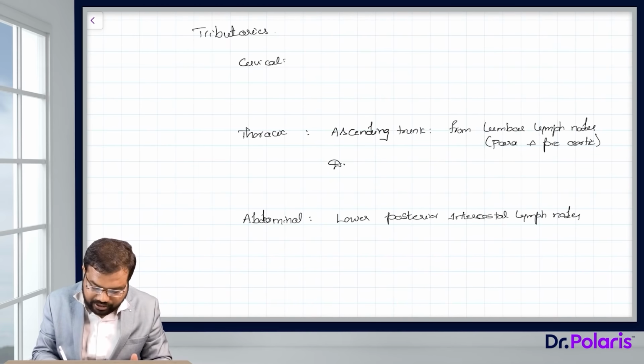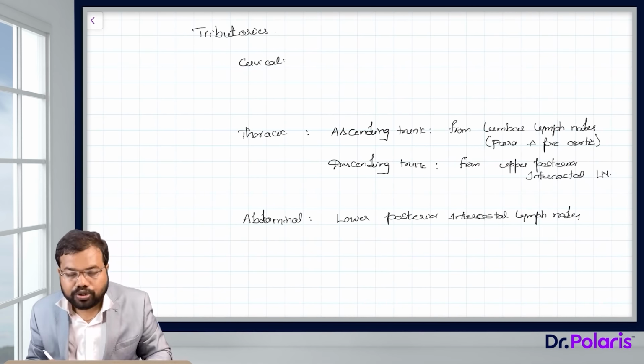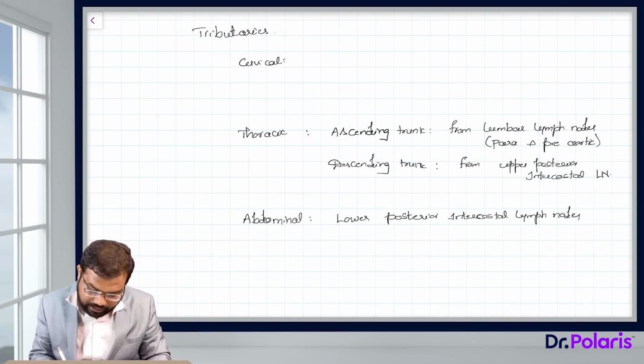Whereas the descending trunk is another trunk which is present, and it collects the lymph from upper posterior intercostal lymph nodes. LN means lymph nodes. And one more thing, it can also collect from the top posterior mediastinal tributaries.